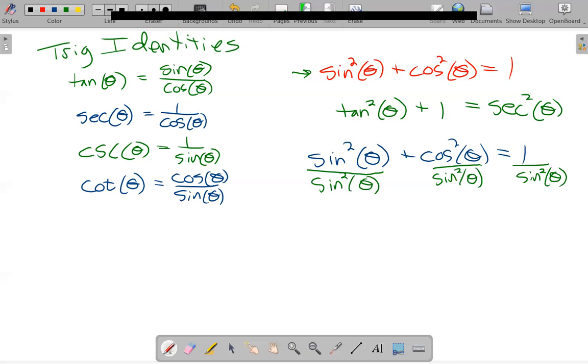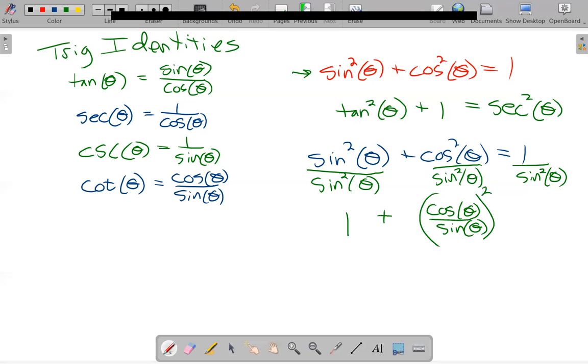So one thing we're going to learn to do in this class is manipulate these identities in different ways. Okay, well, sine squared divided by sine squared, that's a number divided by itself, and a number divided by itself is 1. That's cool. Cosine squared divided by sine squared, well, I can rewrite that as the cosine of theta over the sine of theta, all squared.